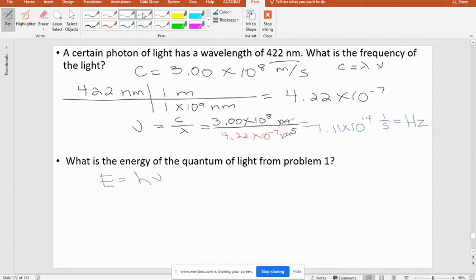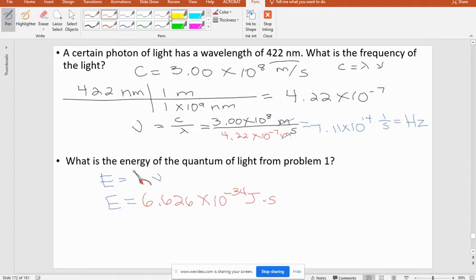I'm going to do Planck's constant in green so you can see the units that are going to cancel out here. Now that's probably not the best. Let's try red. We'll just try every color. We'll make it a rainbow. All right, so when we go through this, we're going to have our energy equals Planck's constant, which is 6.626 times 10 to the negative 34, and that is joule seconds.